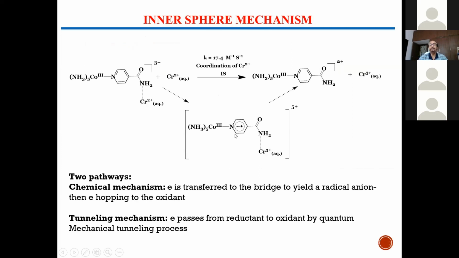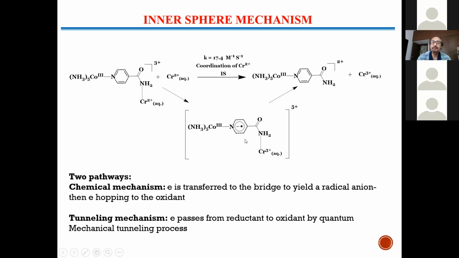And at the intermediate, what they have noticed is that this is cobalt 3, and this is chromium 2. Okay, this is chromium 2 like this. Then it is getting oxidized, and the electron goes into the bridge over here.